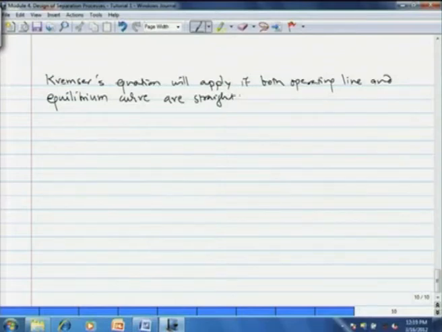We rearrange the equilibrium relation as y is equal to gamma P naught by Pt into x, and this particular term, gamma P naught by Pt in brackets, is denoted by the letter M.